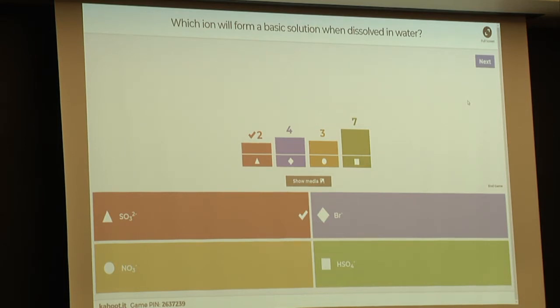I think this is the one I had wrong. SO4 2 minus versus the other one, if you were to add water, it would be HSO3 minus. I think either way, it would be either answer, the diamond or the triangle or the square. Let me just make sure.